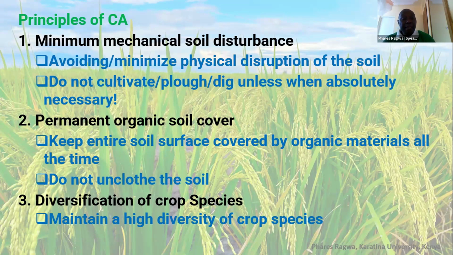Then the third principle is diversification of crop species, meaning that we should, of course, avoid practices like monoculture. We should have a rich variety of crops within our farms for the various benefits that we shall be looking at shortly. So those are the 3 principles of conservation agriculture. Whatever technology that we talk about, it should be able to fit within one of those 3 principles.